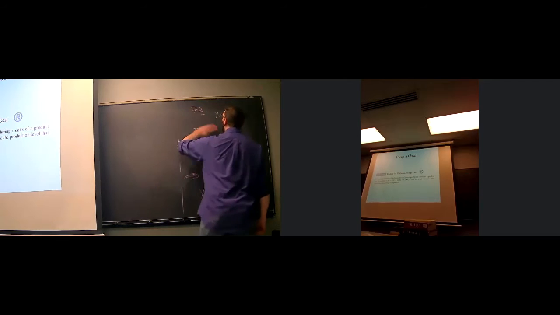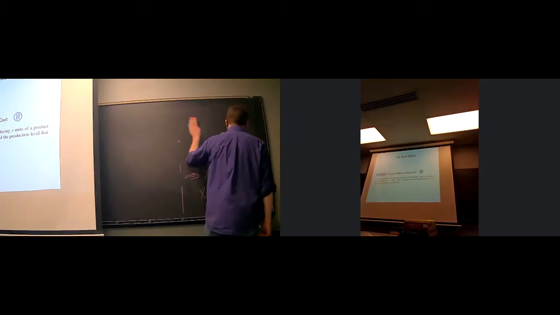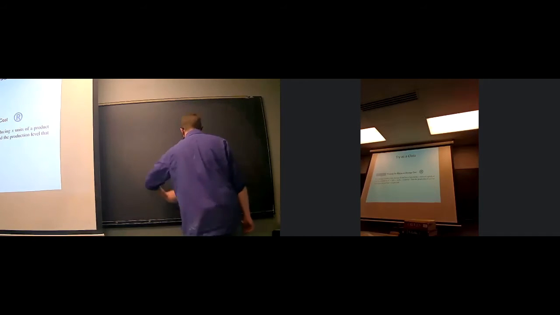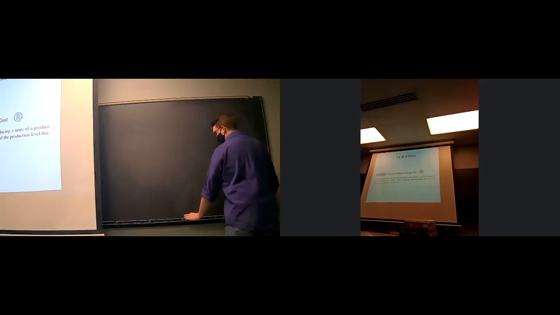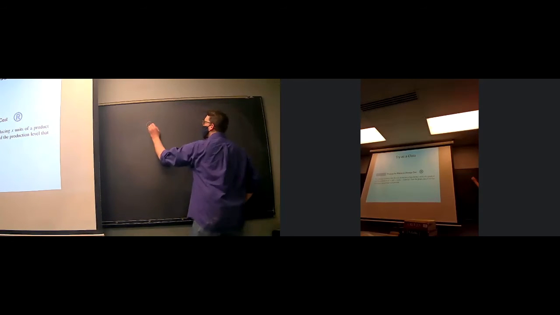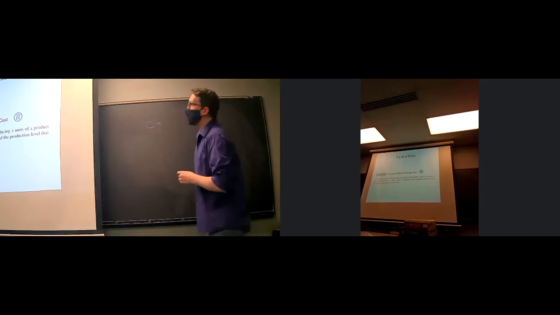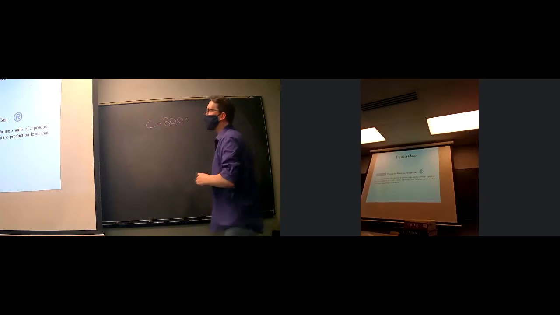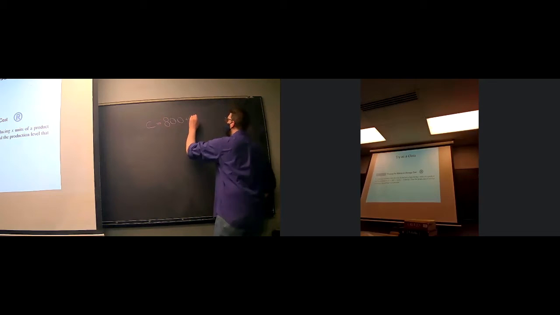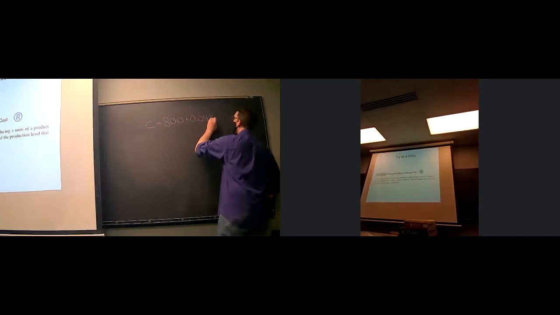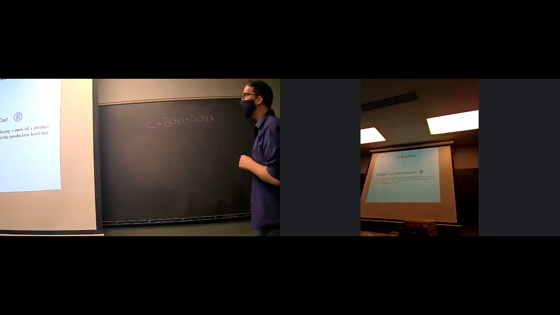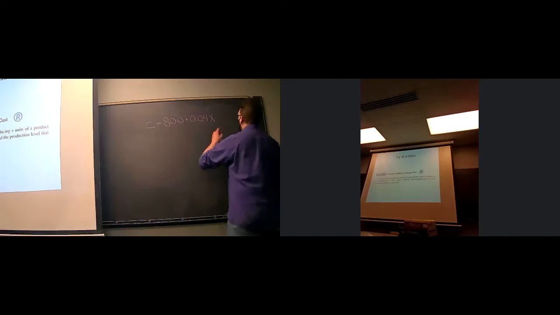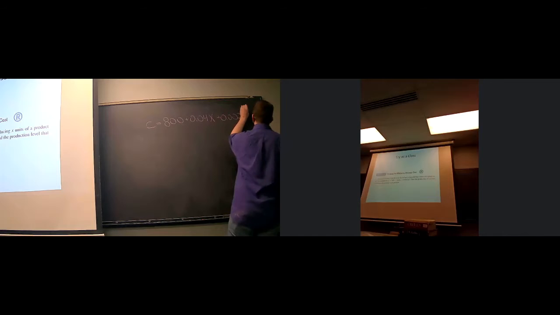So let's go ahead and define that up here. We've got C is equal to 800 plus 0.04x, excuse me, plus 0.0002x squared. It's 0.0002.